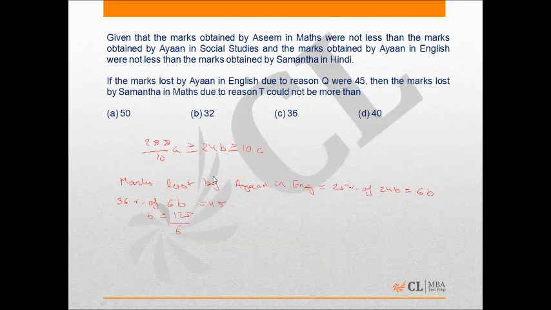So marks lost by Samantha in maths is equal to 20% of 20C, that is 1 by 5, or 4C.